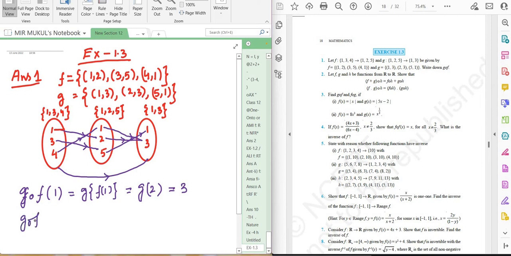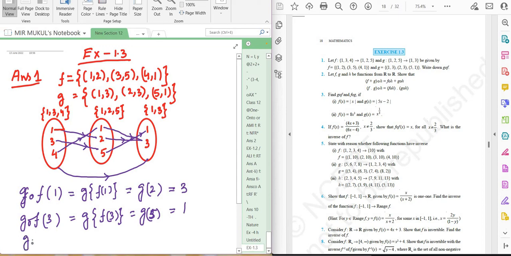Now gof of 3 is g of f of 3. Here f of 3 is 5, and g of 5 is 1. So gof of 3 will be 1.